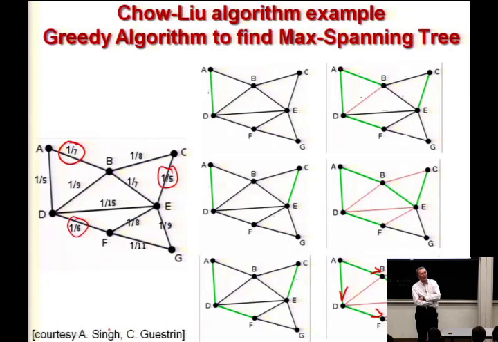He considered the question, well, we like naive Bayes, but it makes way too many independence assumptions, conditional independence assumptions.